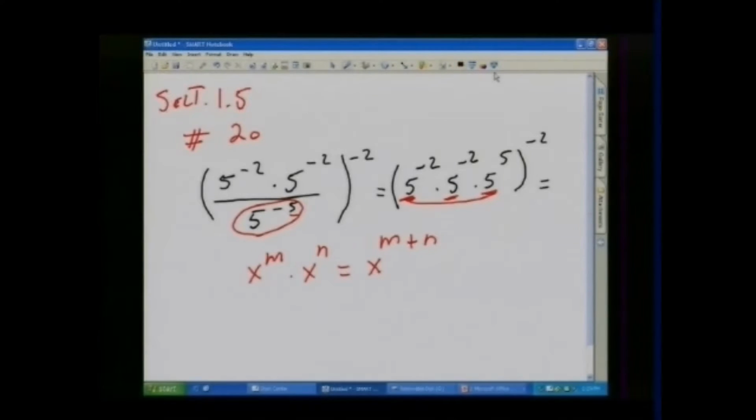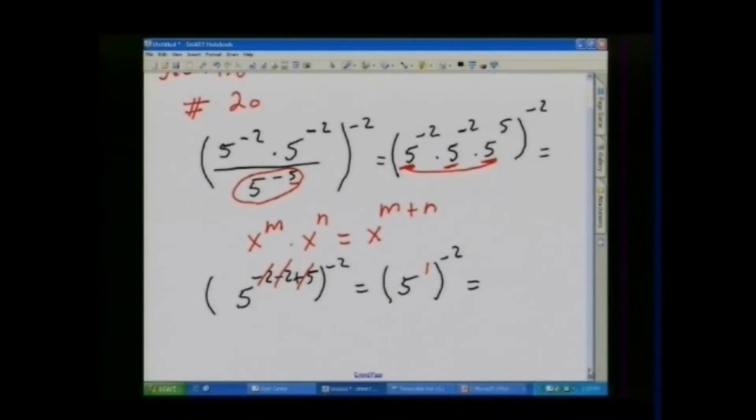So here I can write as 5, and add up the powers, which is minus 2 plus 5, the whole thing to the minus 2 power, equal to 5, minus 2, and minus 2 is minus 4. Minus 4 plus 5 is 1, to the minus 2 power.